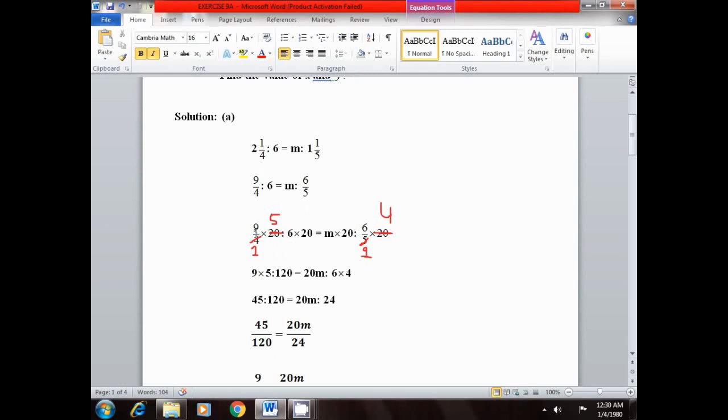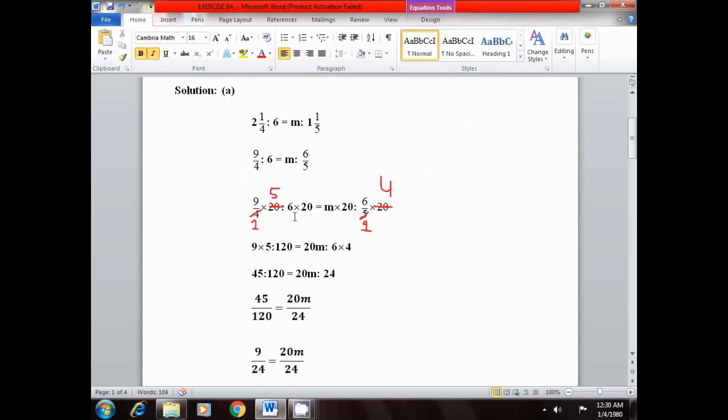So the first quantity 9/4 multiplied by 20 : the second quantity 6 multiplied by 20 = the third quantity which we have to find, m multiplied by 20 : the fourth quantity 6/5 multiplied by 20. After multiplying by 20, we have some calculation. 4 times 1 is 4, 4 times 5 is 20, and 5 times 1 is 5, 5 times 4 is 20.